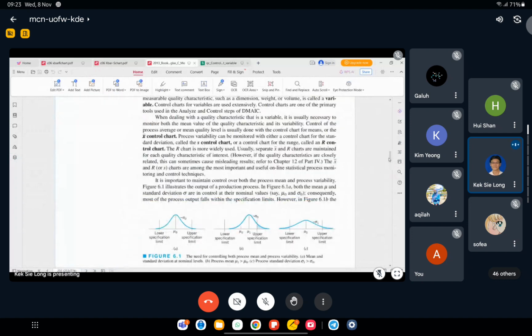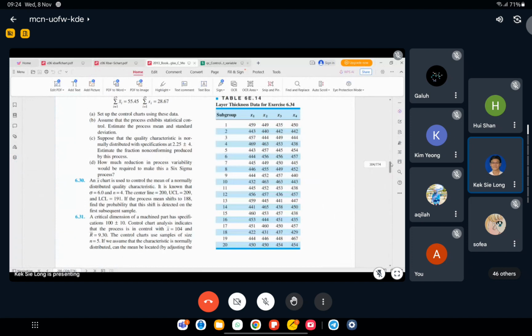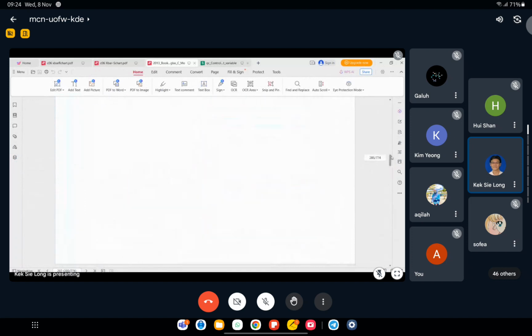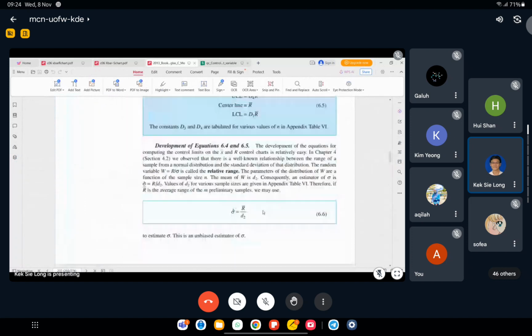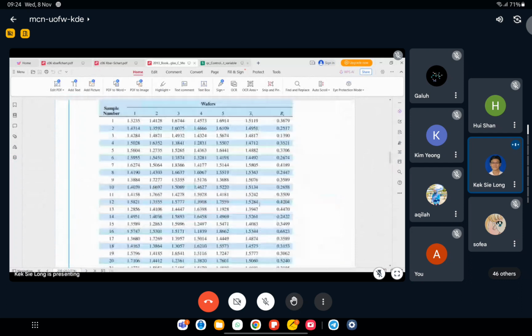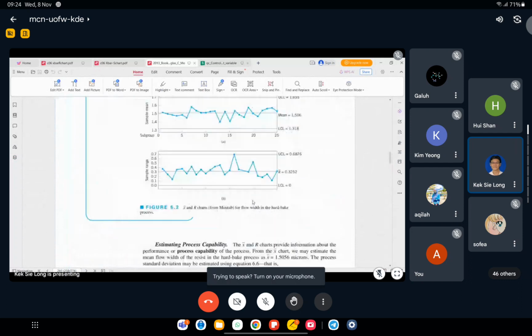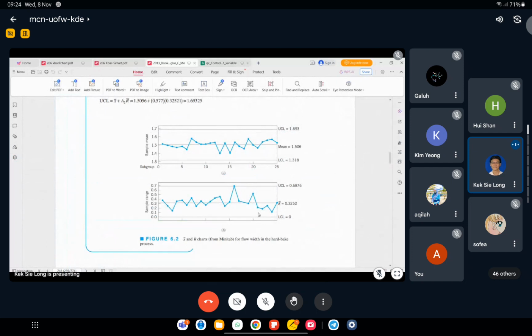I cannot get the right one. We should get this graph, so it means that I got the wrong one.